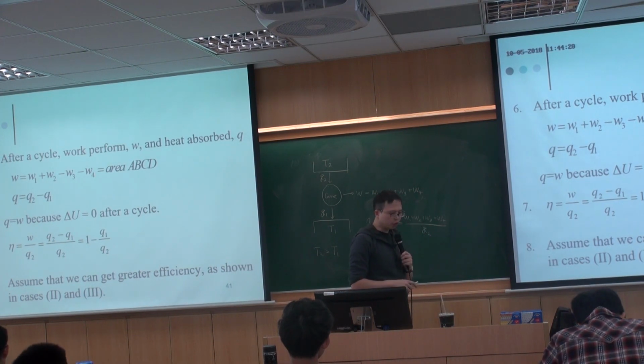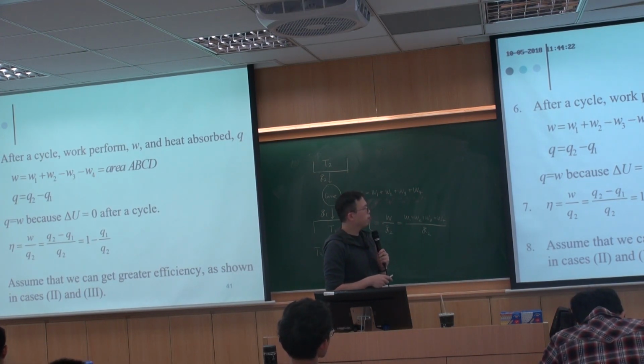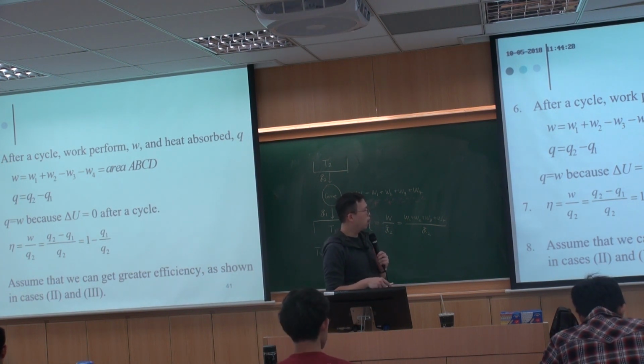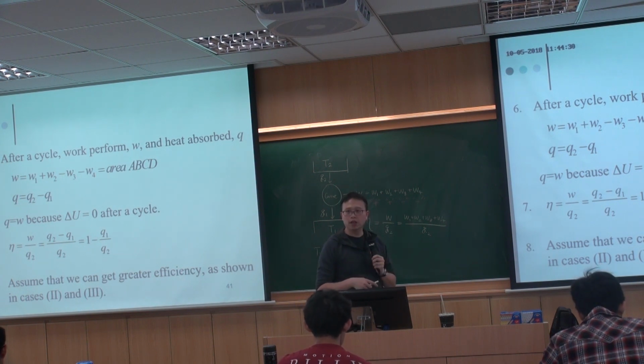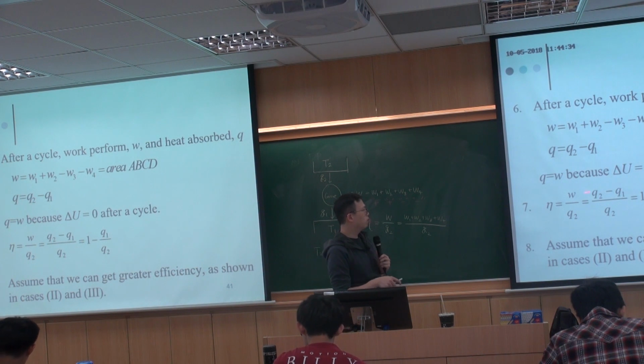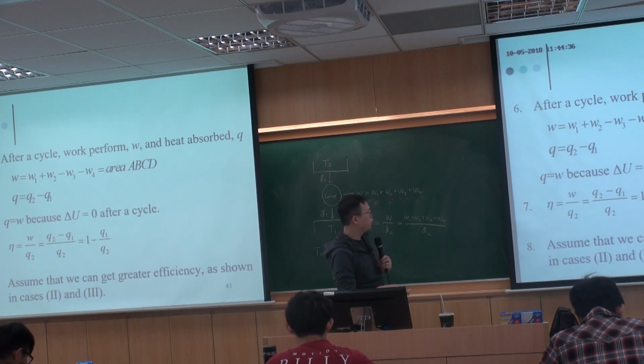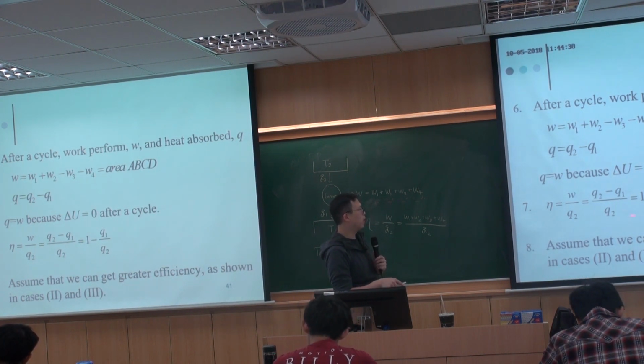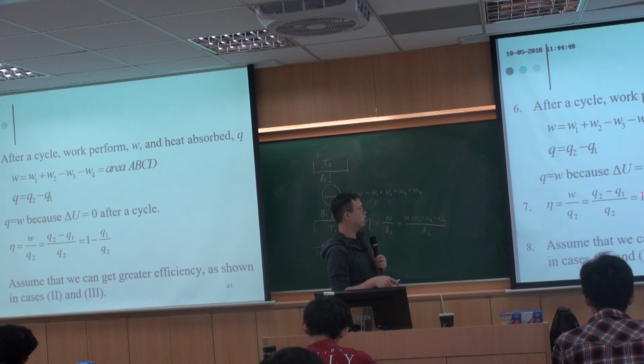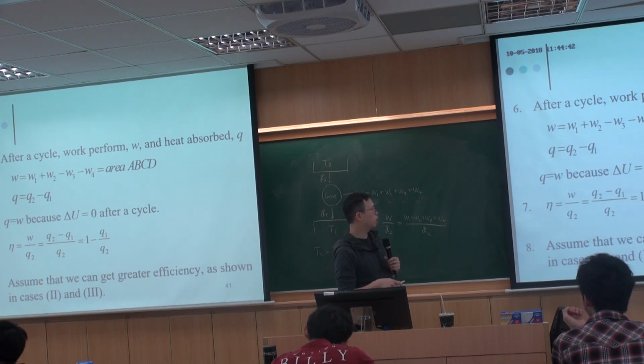And to prove that this is real, we have to use some assumptions. So assume that you can get some heat engine that will possess greater efficiency. So imagine that this is the efficiency you have, and you want to have a larger efficiency than this one.